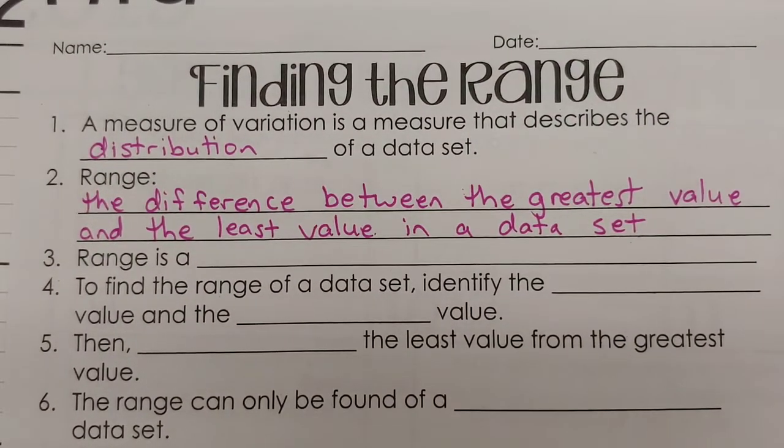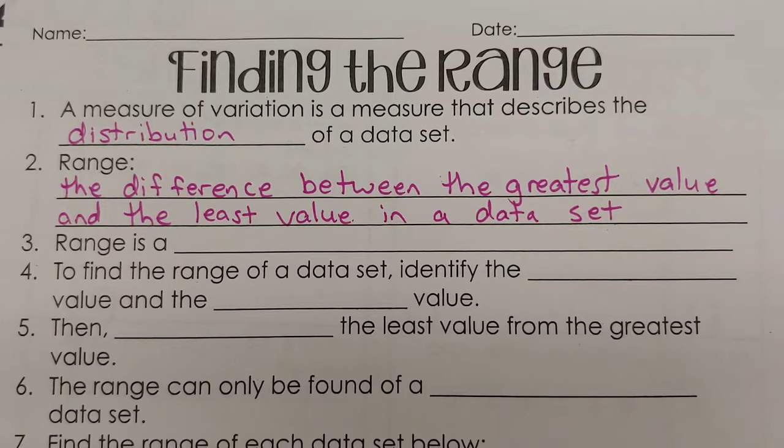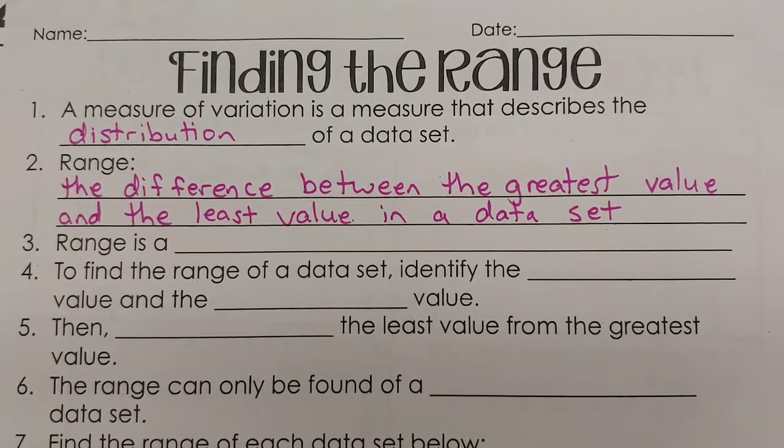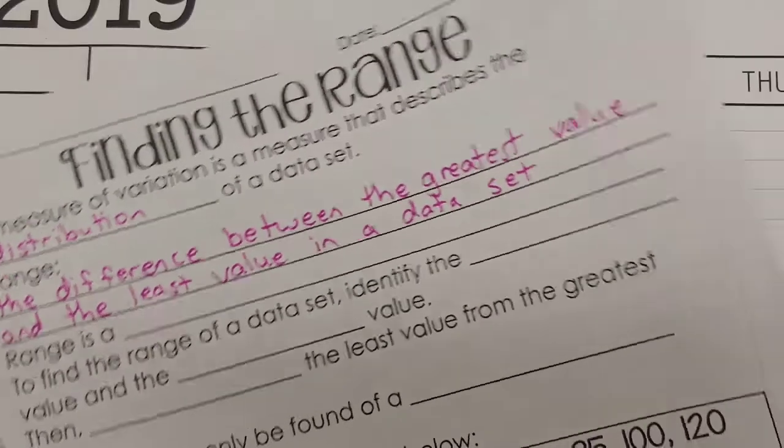Okay, so range, the difference between the greatest value and the least value in a data set. If you remember some of your math words, difference means we're probably going to be doing some subtraction. So range is a measure of variation.